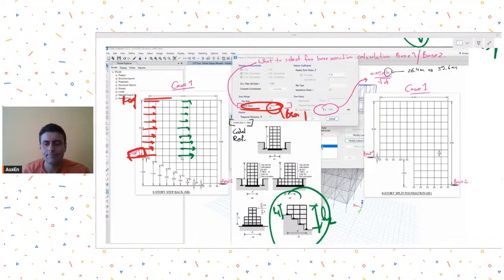So it's going to miss out on these floors. This will affect your overturning moment calculations. It will not affect your base shears, because base shear is finally just the summation of total shear force.